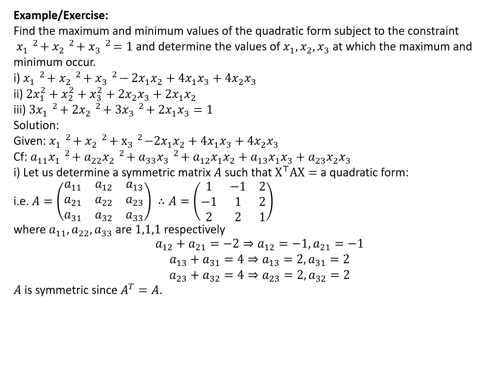Find the maximum and the minimum values of the quadratic form, subject to the constraint x1 square plus x2 square plus x3 square equals 1, and determine the values of x1, x2, x3 at which the maximum and the minimum occur. The point at which the maximum and minimum values occur, you determine the values of your x: x1, x2, and x3.